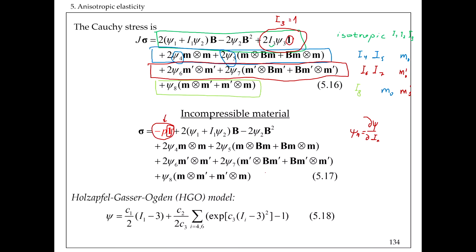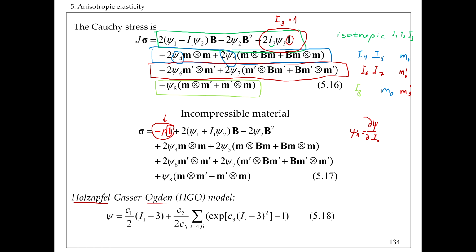So actually two of them are authors of the suggested books on our course. One is Gerhard Holzapfel, and the other is Ray Ogden, and Christian Gasser was a student of Holzapfel. That's a younger researcher. He is yet to write his book for a course like that on mechanics of soft materials.